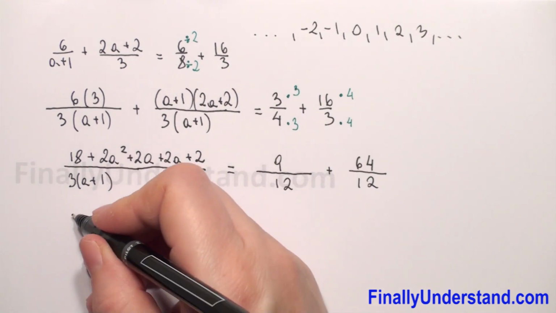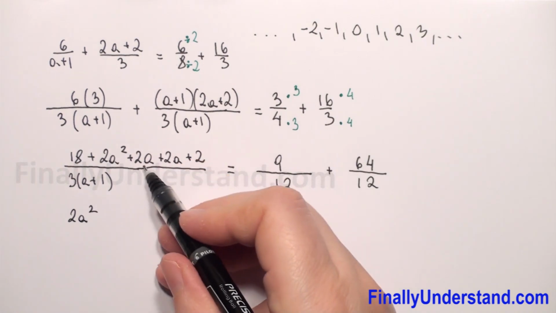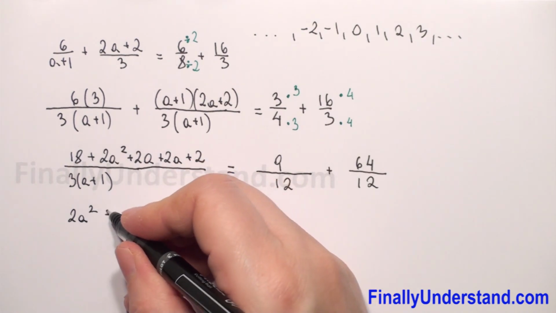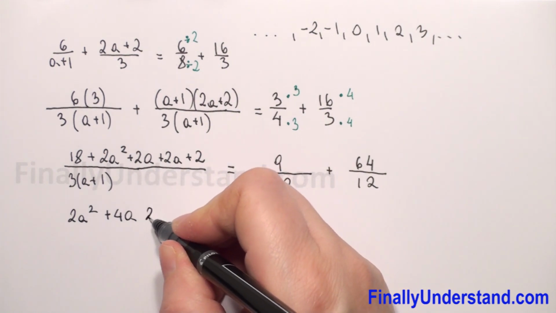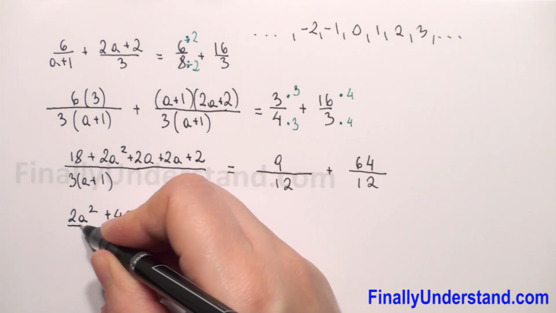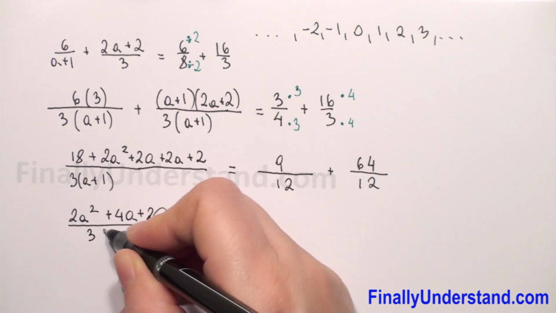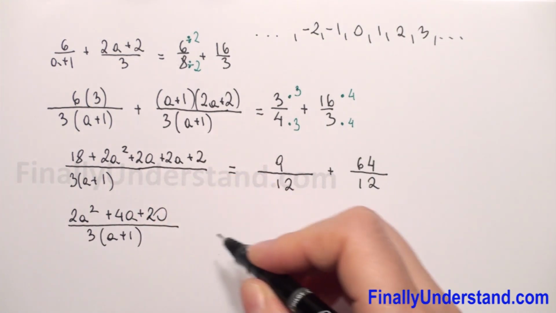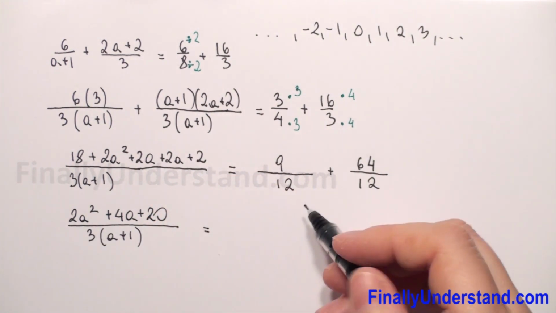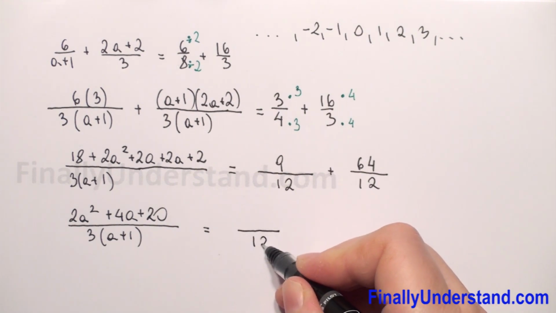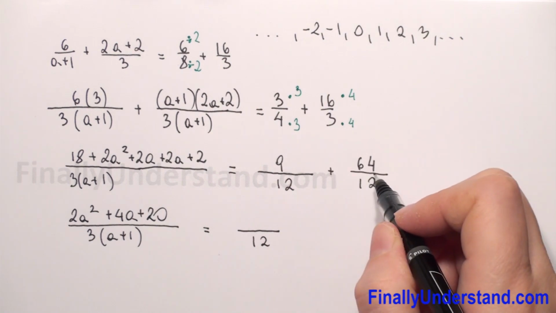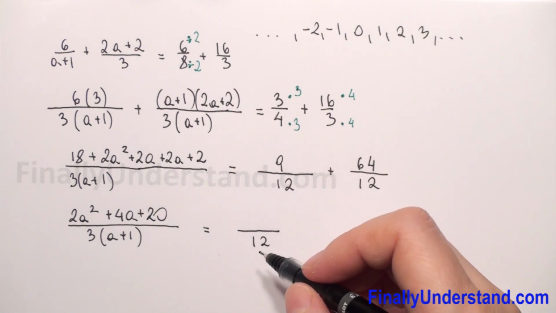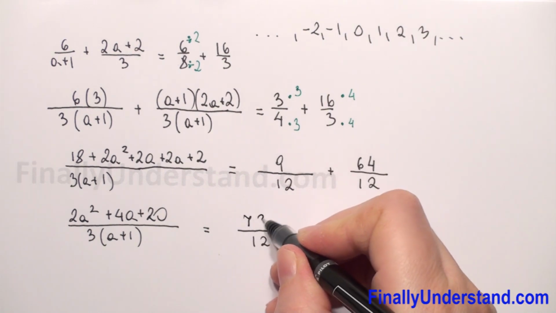We have 2a squared, 2a plus 2a, so it will be 4a. 18 plus 2 is 20, of course, over 3 times a plus 1. This is equal, and now we copy the denominator and we add numerators only. So we have 9 plus 64, so this is equal to 73.